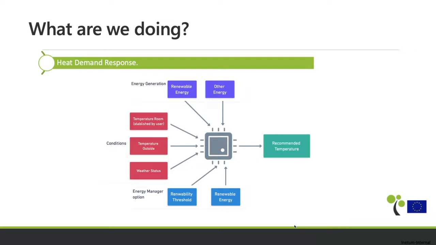We define the figure of the energy manager as the one to take charge of all of this, to fix the threshold of renewability, or the renewable energy that comes in and out, and make a recommendation of the temperature that a building or room should have to reduce the amount of non-renewable energy that is currently being used by the energy island as a whole.